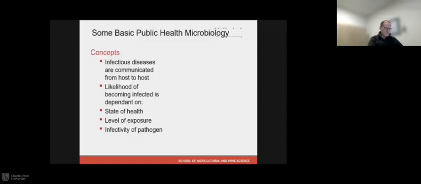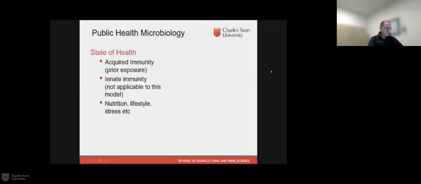Our white blood cells, yep. Anything else? Yeah, exactly. So we have these physical barriers. We have our skin, we have fine hairs, and multitudes of them in our nasal cavities and so on, that help prevent infectious diseases. That gives them something else they have to overcome to actually achieve an infection.